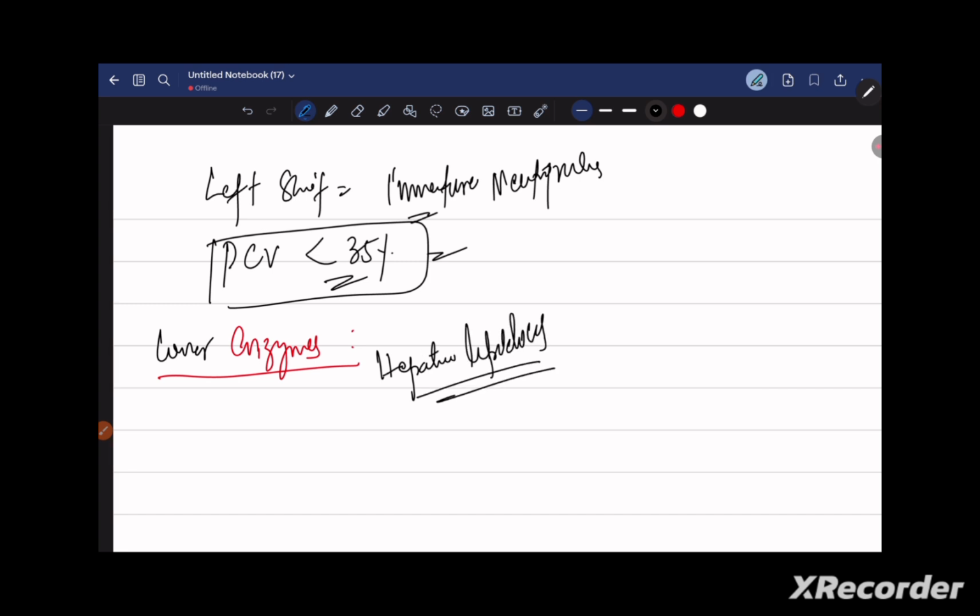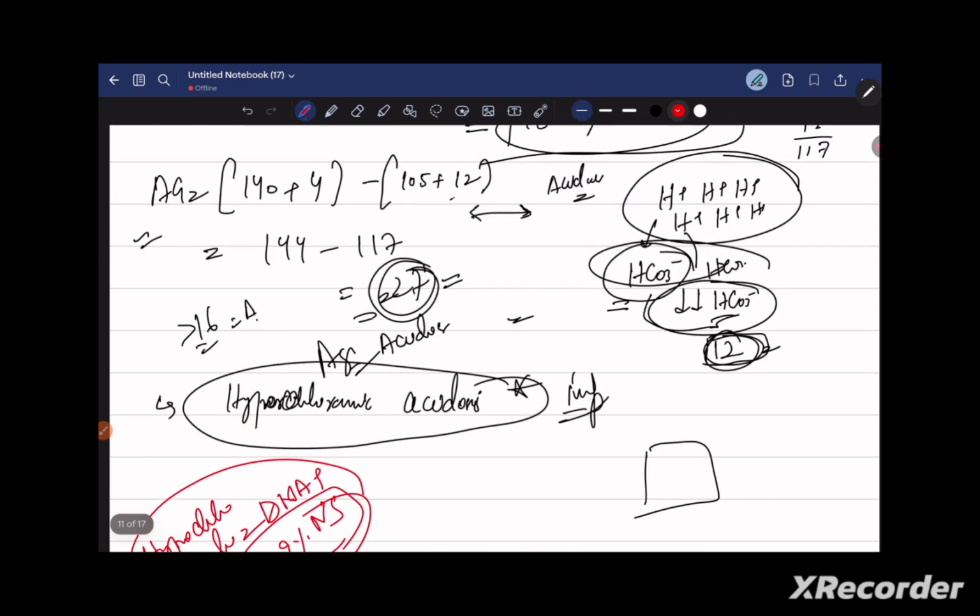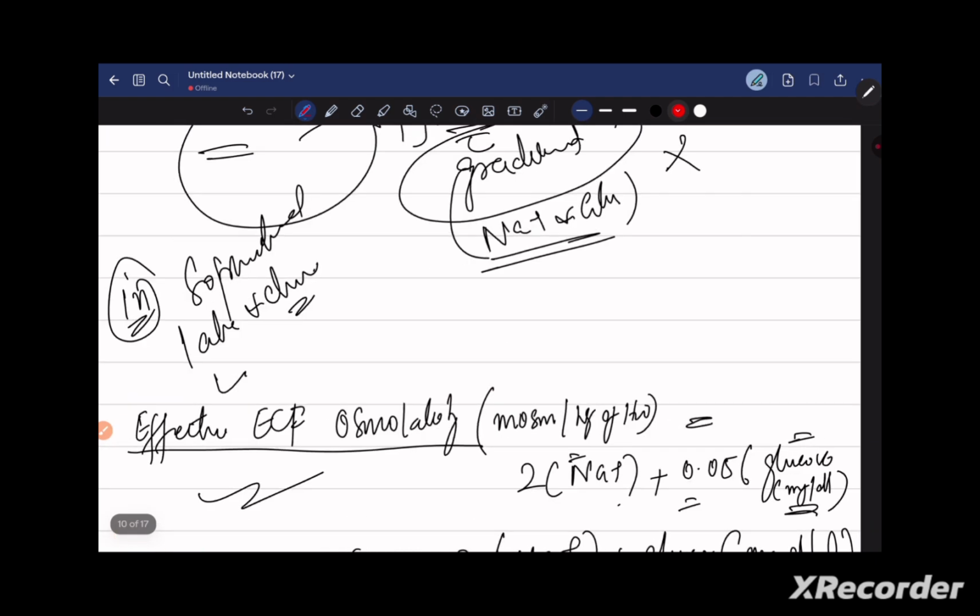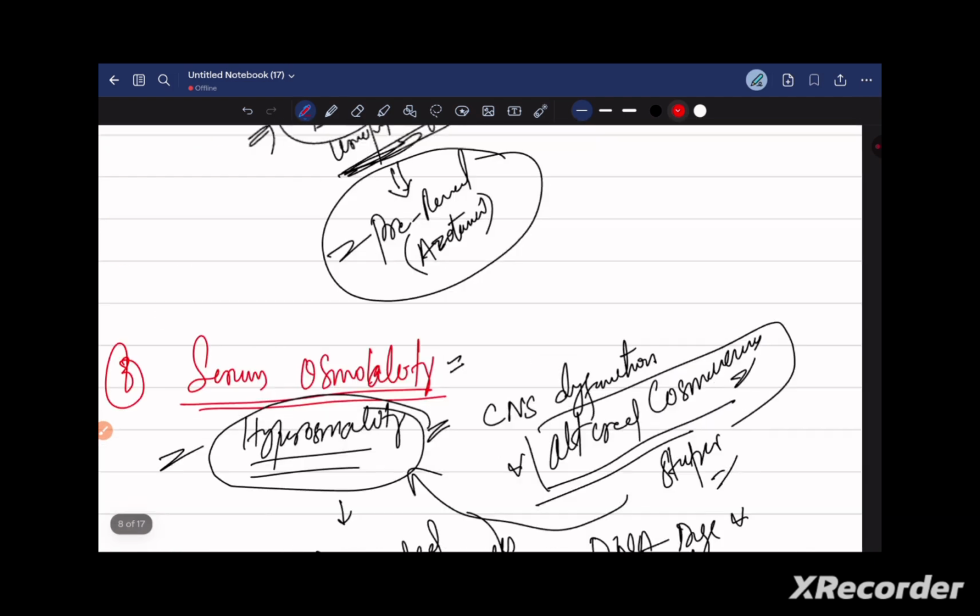In the liver function tests, you will see increased ASTs, increased ALTs, phosphatases and bilirubin. They will all be increased. You can also remember them from the chart that I already provided.